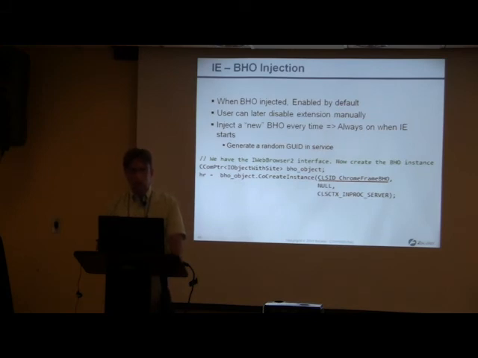And there are also a couple of advantages of using this method. So first, when you inject the browser extension, it's enabled by default. And the user can always go into the options later on and then disable it. But for Internet Explorer, a new extension means a new GUID. So what you can do is every time you detect a new IE process, you just inject the same DLL with a different, random GUID, and then again it will be enabled by default.